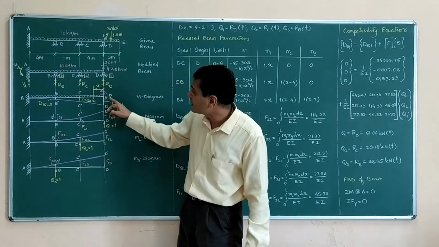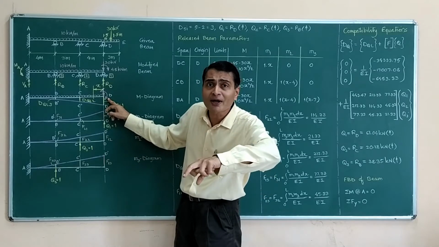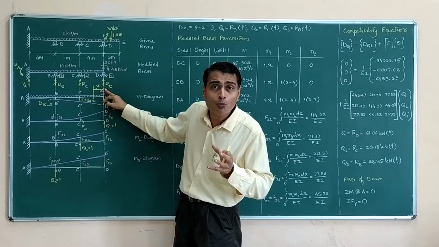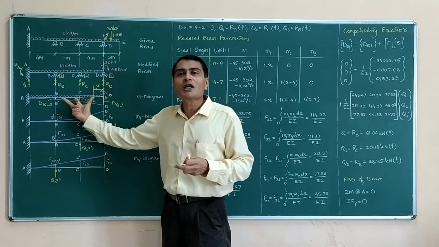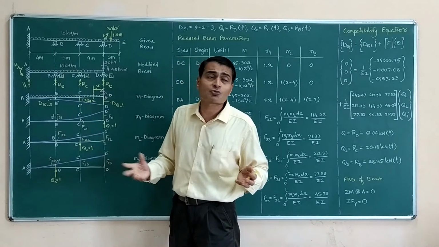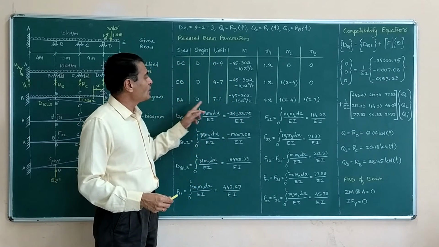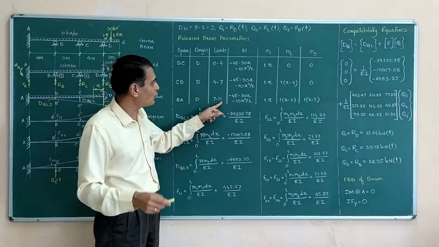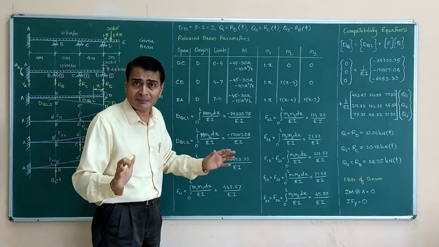So again I am writing negative 45, hogging bending moment due to applied couple, negative 30 into x, hogging bending moment due to point load at the free end of the released beam, and hogging bending moment due to UDL, 10 into x by 2, that is 10x squared by 2. So you see that even in span BA, within the limit 7 to 11, this range of variation of x values, my bending moment expression is just the same.